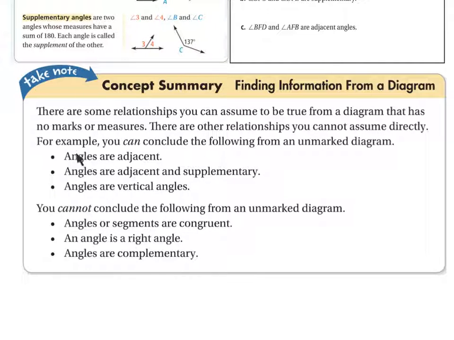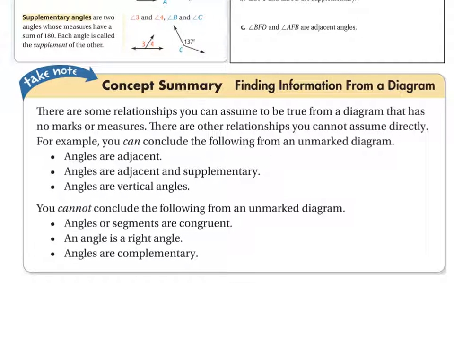One, angles are adjacent. You can conclude that without having a marking. You can conclude that angles are adjacent and supplementary without having any markings. Again, if they're adjacent, they're supplementary, they're going to form a straight line. You can also assume that angles are vertical angles. Again, you don't have to have a picture to be marked to know that they're vertical.